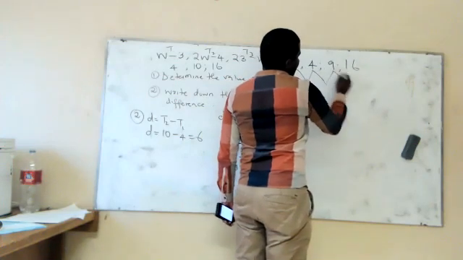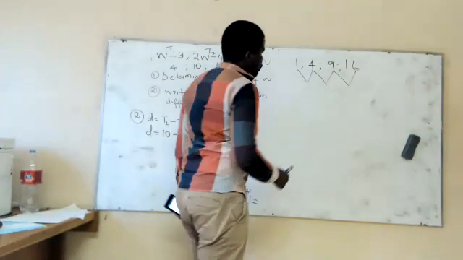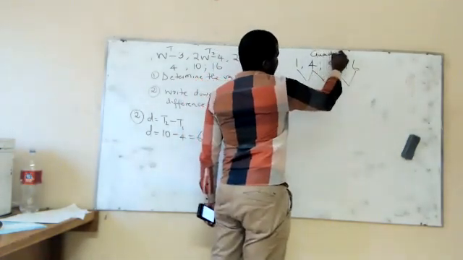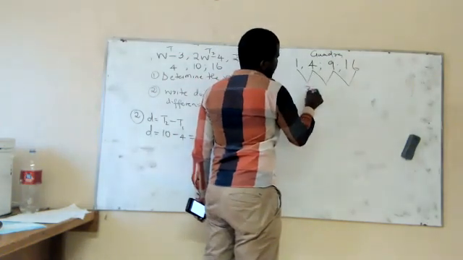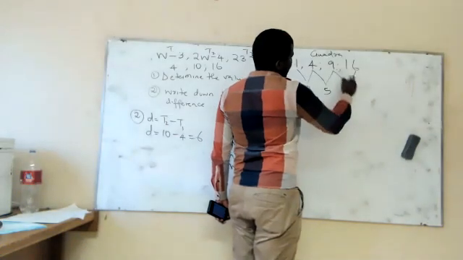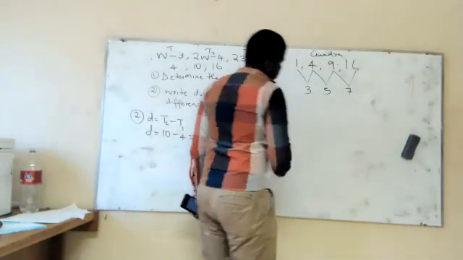Now, when you take the difference there, and this is quadratic, you are going to get a 3 here, a 5 here, and then a 7 there.